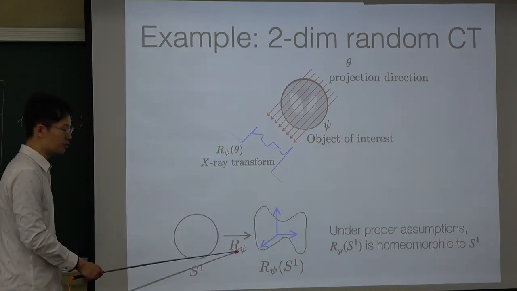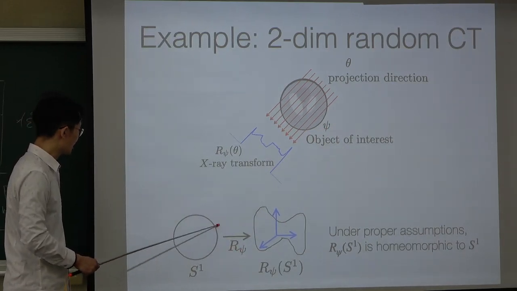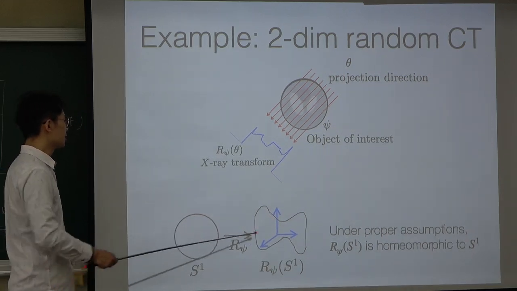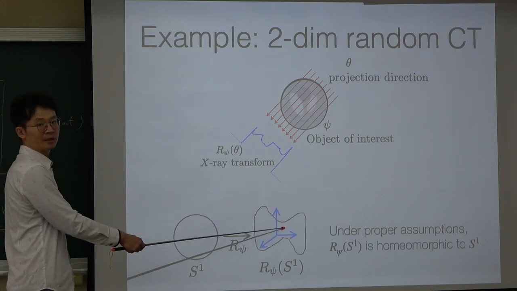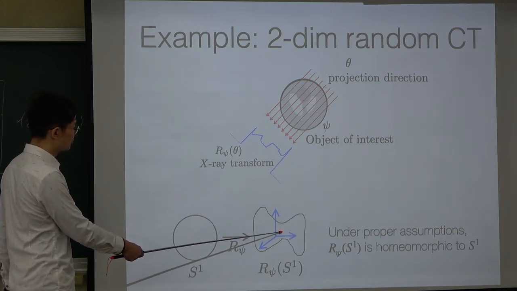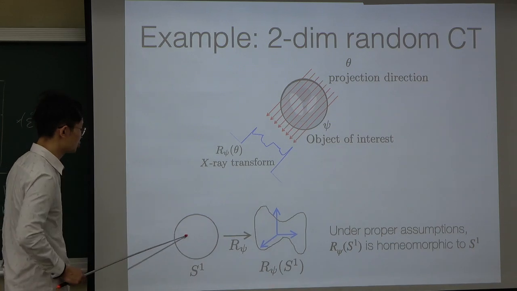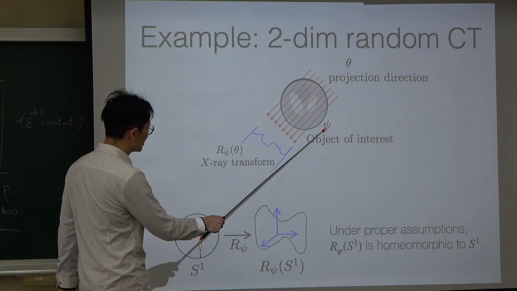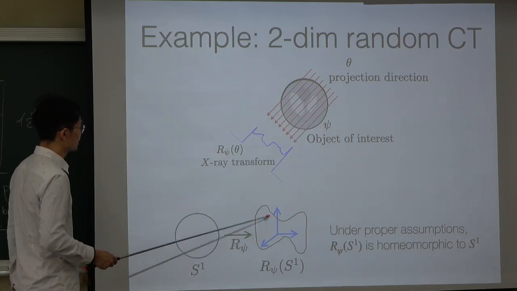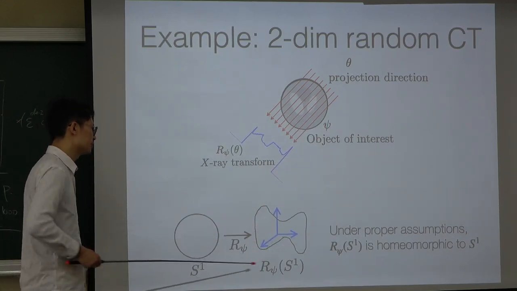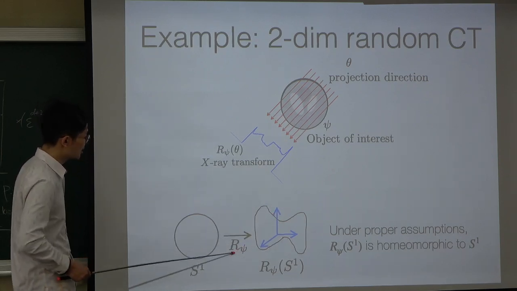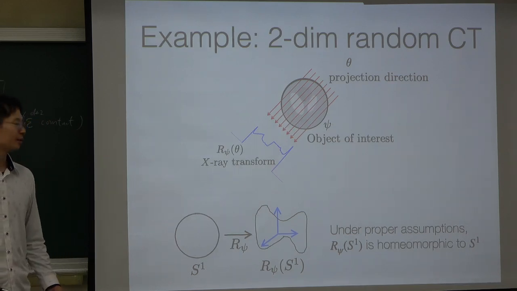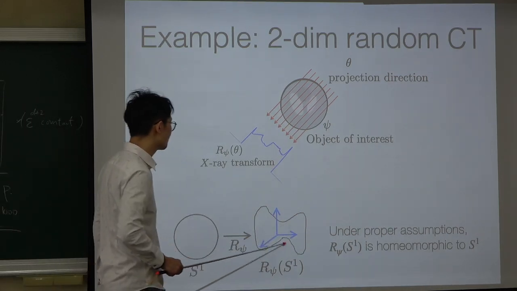R psi will play a role as a mapping from S1, the canonical one-dimensional sphere, into another one-dimensional manifold that is diffeomorphic or homeomorphic to S1. That is what you have to assume. You assume that psi has some specific properties and the embedding and discretization are good, so that R psi gives you a good one-dimensional manifold.